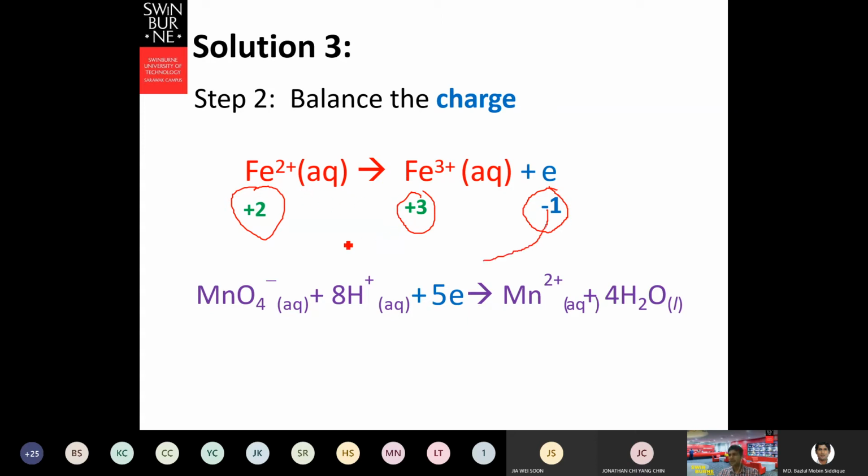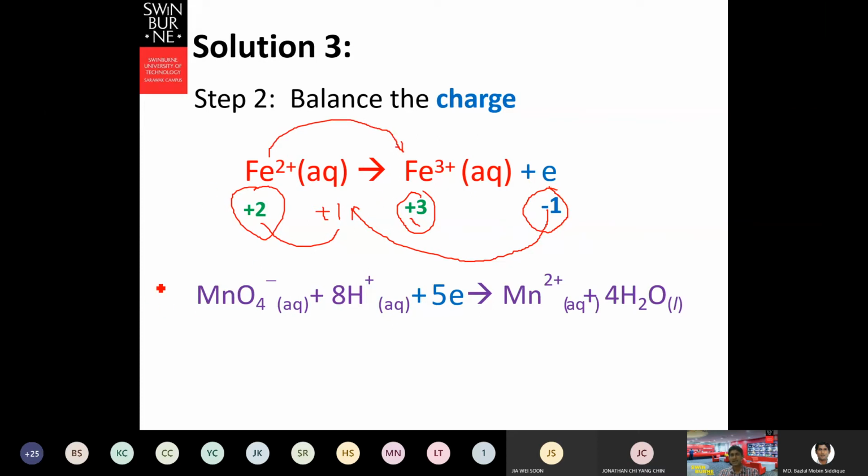If we take this -1 to the other side, if we change the side, it will be converted to +1, negative sign will convert to positive. Now it is the same, this side 3, this side 3, so both sides are equal now. +1 means it is releasing 1 electron. When it is releasing 1 electron, that means oxidation is happening to this iron. Okay, oxidation is happening to it.